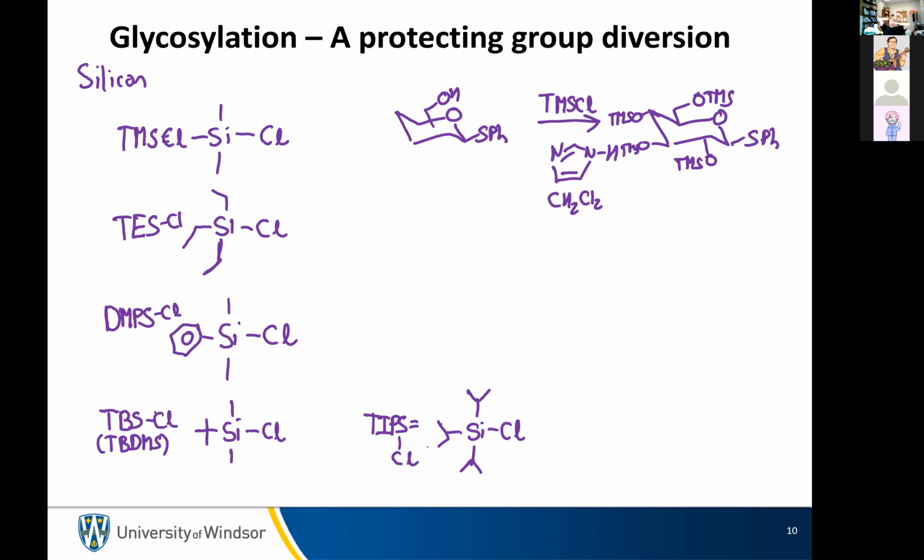Steric bulk around silicon is getting larger and larger. And so what we have here is a trade-off. The smaller the steric bulk, the easier it is to put on, and the weaker the acid you need to use to remove it. The larger the steric bulk, the harder it is to put on, and the stronger the acid you need to remove it. And so you can actually play with this, because TIPS is so big that you can actually mess with it.